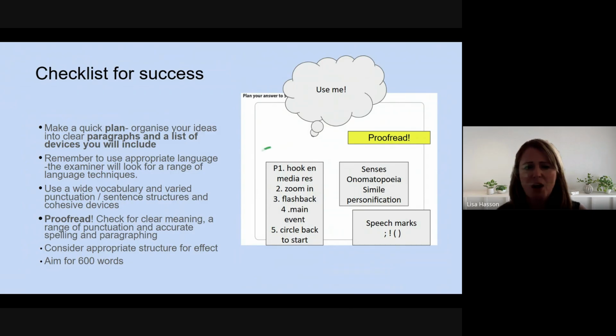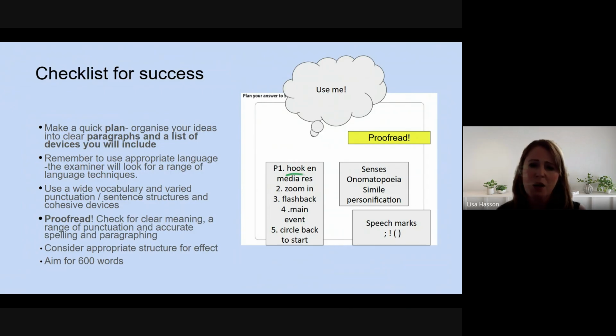So firstly, I would make a bit of a rough 5-point paragraph. Now, definitely you can use the story mountain here, your beginning, your middle and your end, and you could potentially still achieve a grade 4 by doing that. You need to make sure that you've got your climax, your conflict within that story. But actually to achieve higher marks and impress that examiner, think a bit more about how you're going to structure your story.